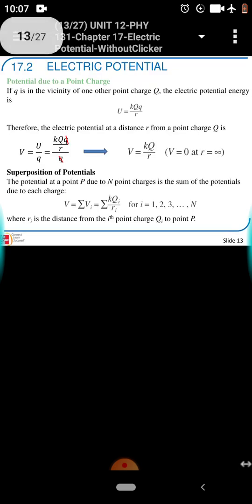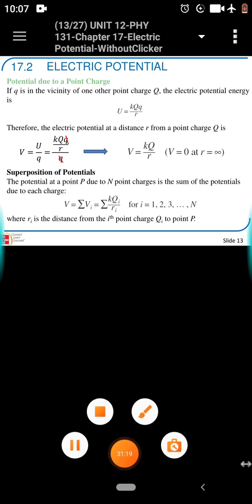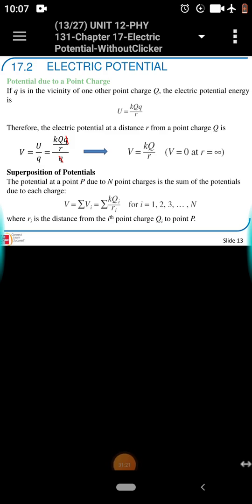Now this is just a derivation of the potential due to a point charge. What you can take from here is that superposition applies to potential as well.